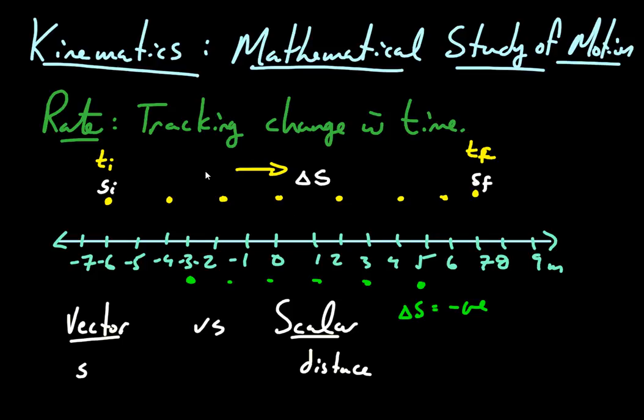So how does this relate to rates? Well, if we look at how displacement is changing every second, this object goes 2 meters every second. We would say then that its velocity is 2 meters per second, right? So its velocity is 2 meters per second. This has a velocity of roughly negative 2 meters per second.